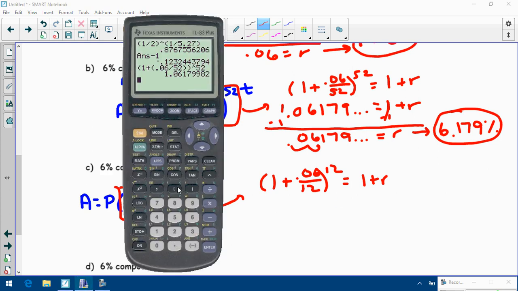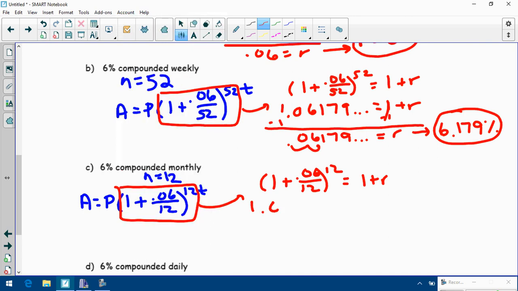Go to your calculators. 1 plus parentheses 0.06 over 12 parentheses raised to the 12 gives me 1.06167 equal to 1 plus r.